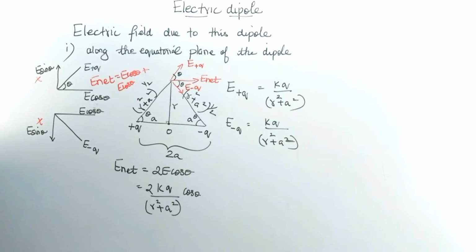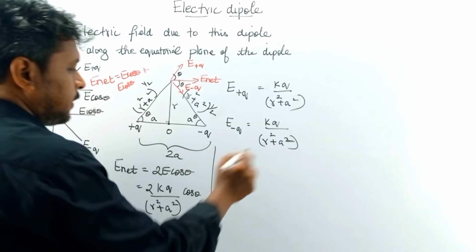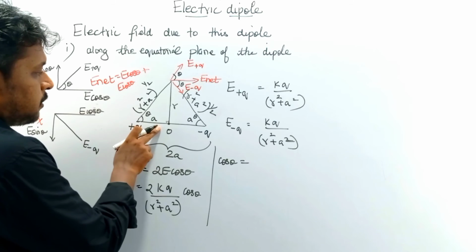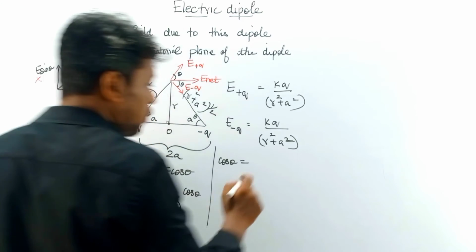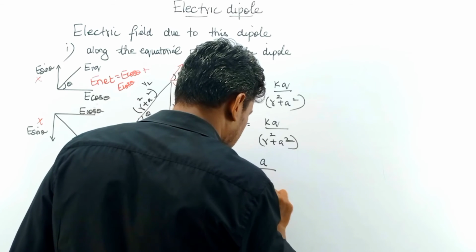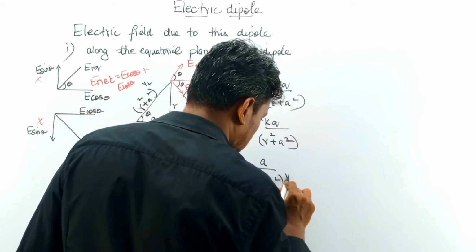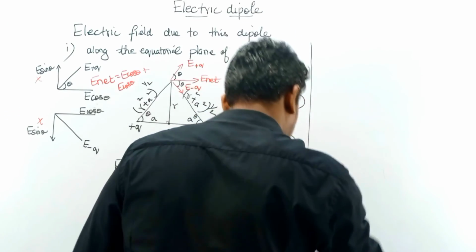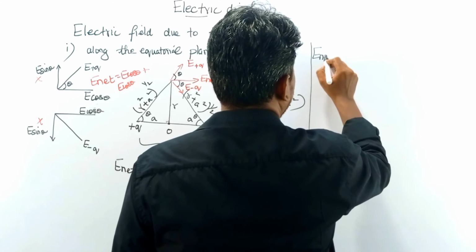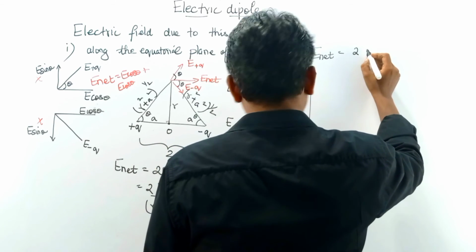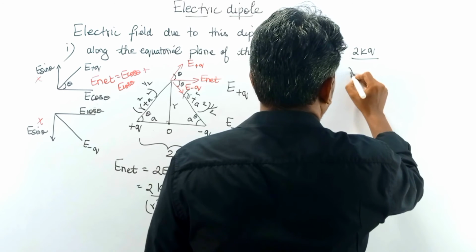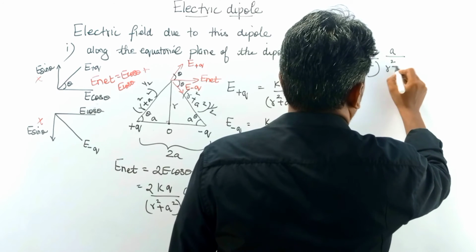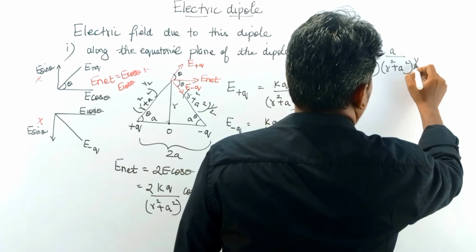Now, what is the value of cos theta? From this diagram, cos theta is adjacent by hypotenuse, that is A by R square plus A square whole power 1 by 2. When you replace it, E net is equal to 2KQ times A by R square plus A square whole power 3 by 2.